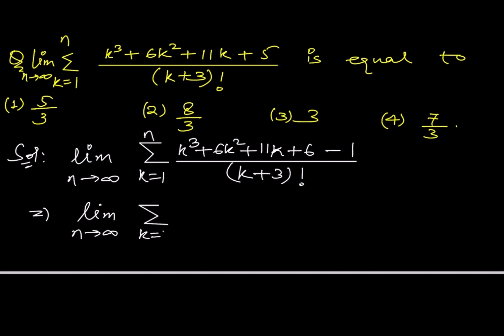And now this k cube plus 6k square plus 11k plus 6 can be written as (k plus 1) into (k plus 2) into (k plus 3).